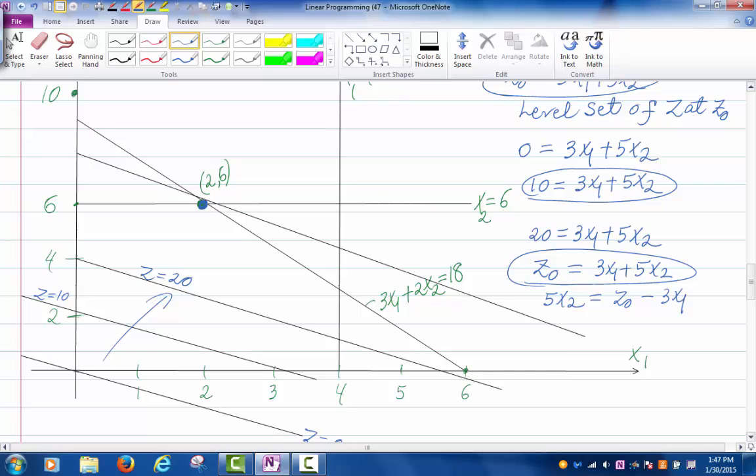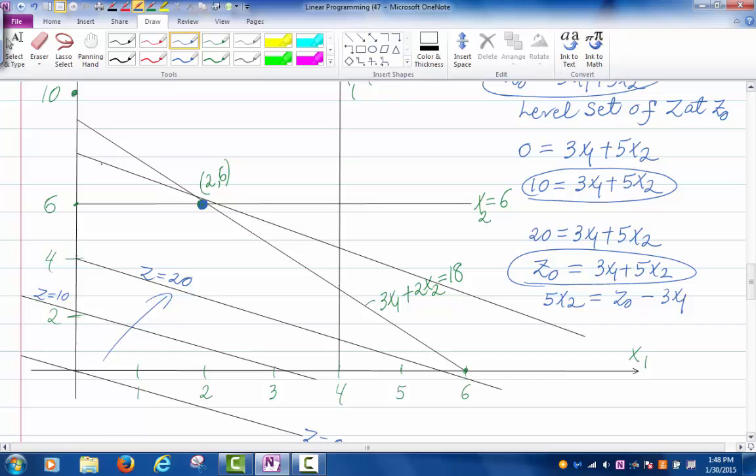If I keep moving this level set until I can, you'll see that it goes up to (2, 6). If I try to move it beyond that, it goes out of the feasible region. And it's going to achieve the largest value of the objective function at that point.